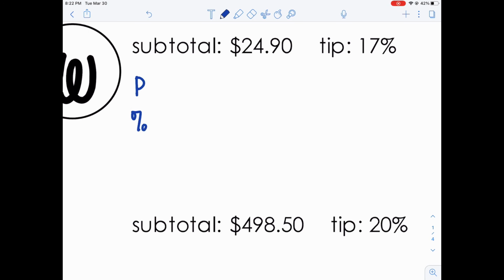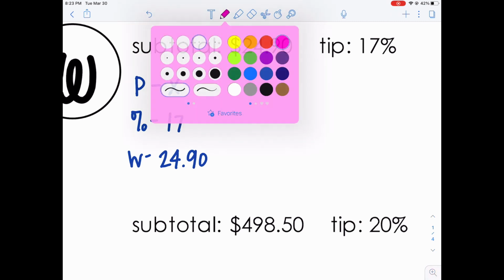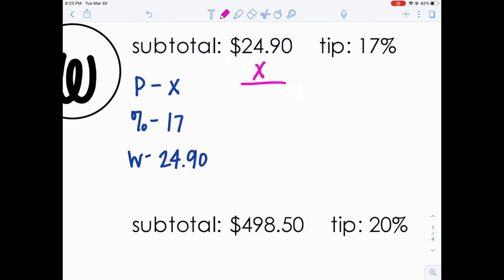So moving on to our next one, we're going to do part, percent, and whole. Our subtotal is our whole, so $24.90 is the whole. 17% is the tip, so that's the percent, and X is the part. Plugging it into my percent proportion, X over $24.90 is 17 over 100.